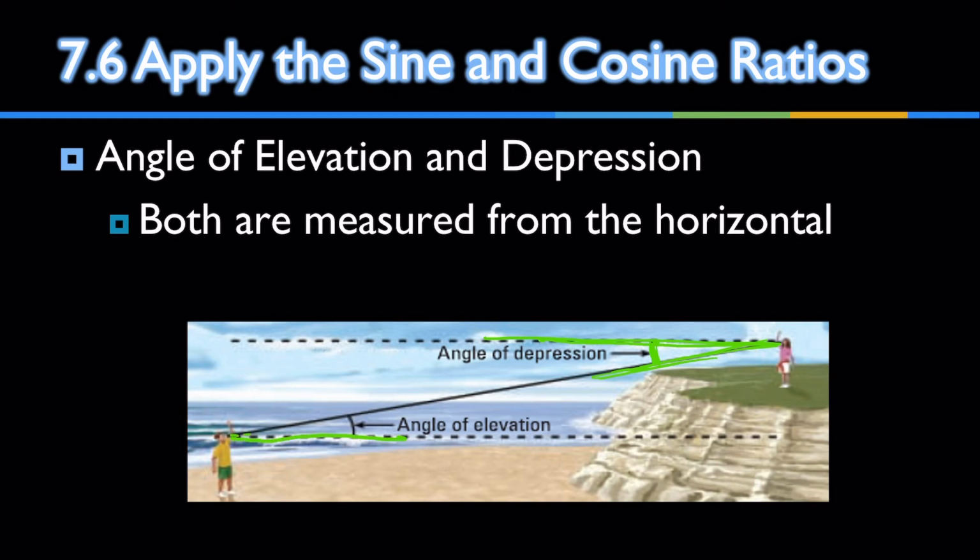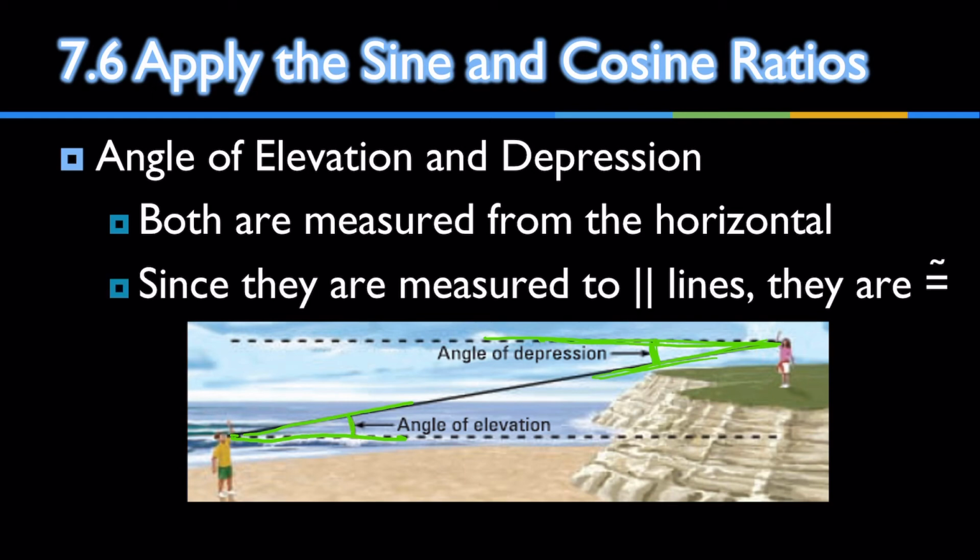Angle of elevation is from the horizontal looking up. Since those are alternate interior angles, they are congruent. So if I ask you to find the angle of depression and you find the angle of elevation instead, that's okay. They're the same size. So depression is looking down, elevation is looking up.